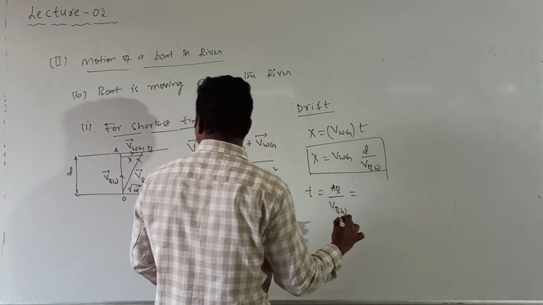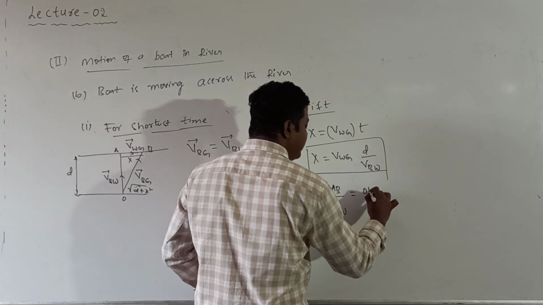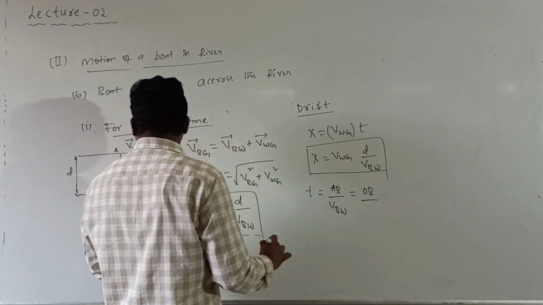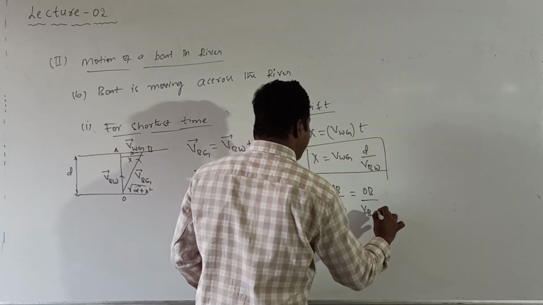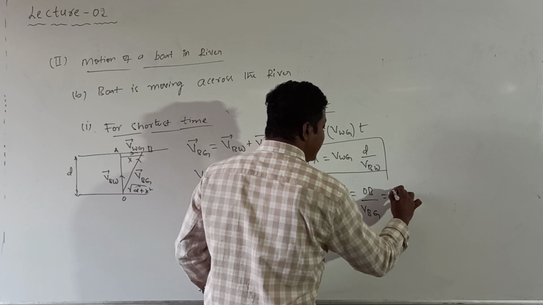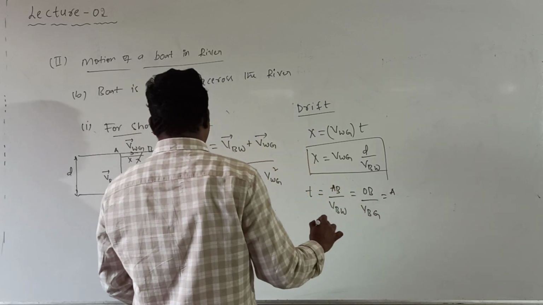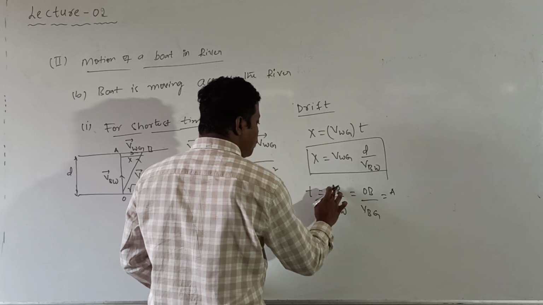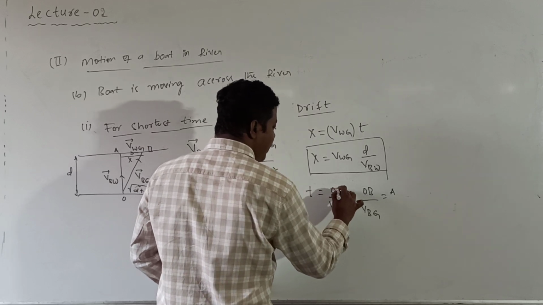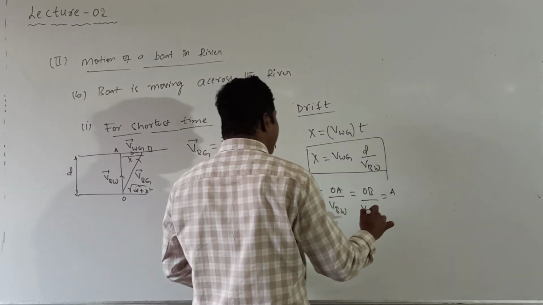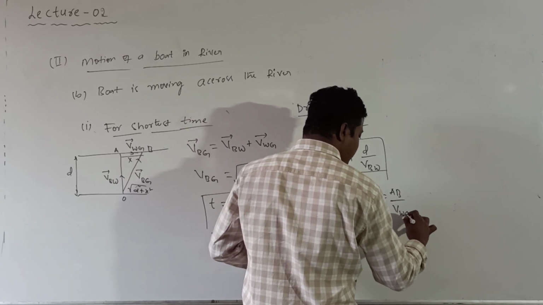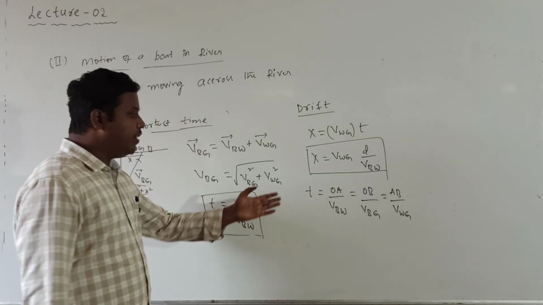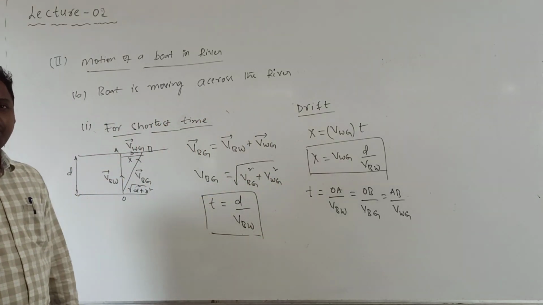If I take along the direction OB, the velocity I want to consider is VBG. Either one you can use for calculation of time.